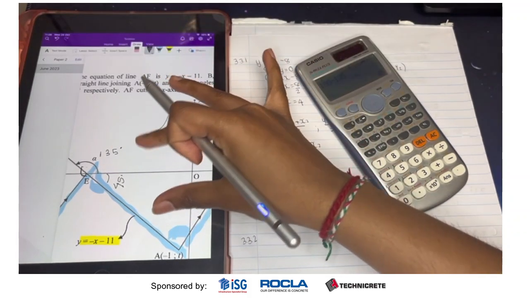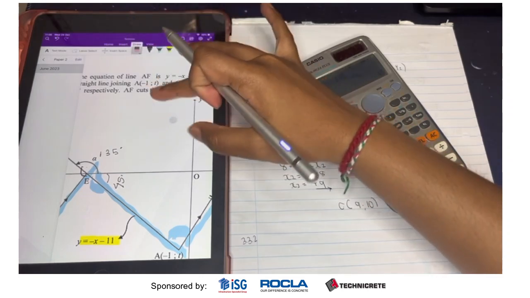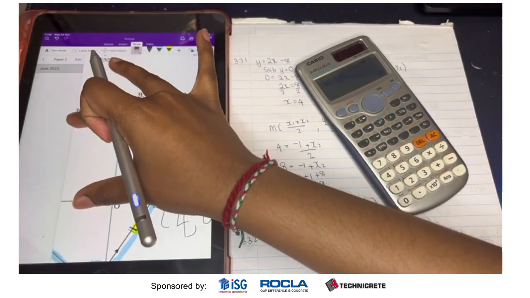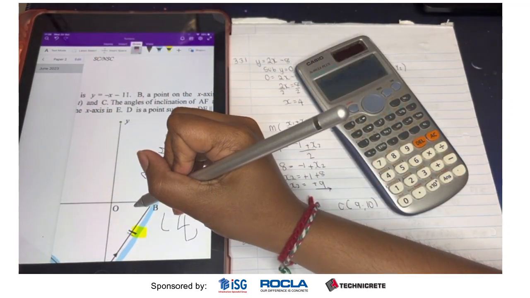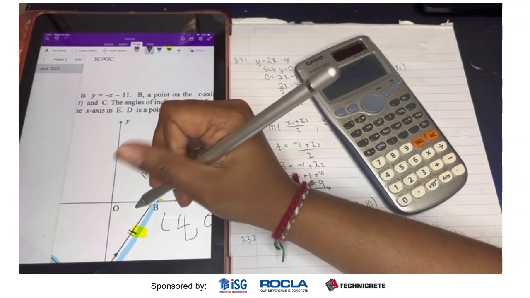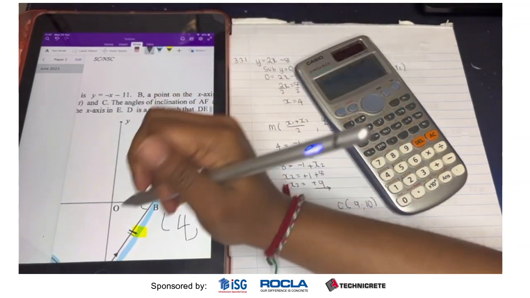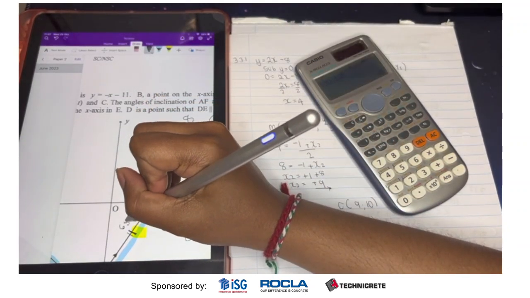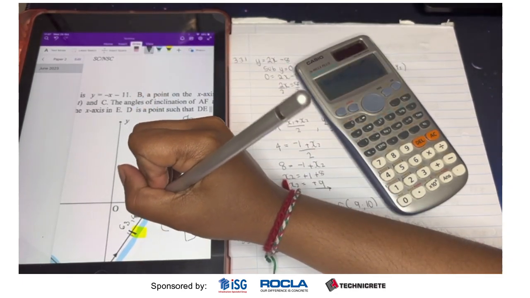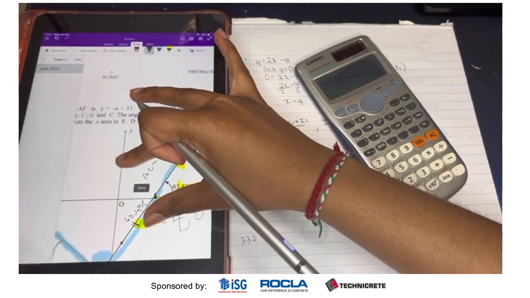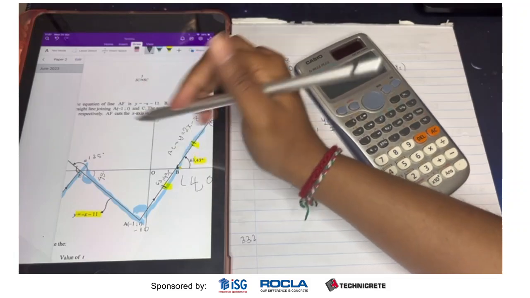Okay. Here I've got another angle. This is vertically opposite. So this angle inside here is 63.43. Okay.